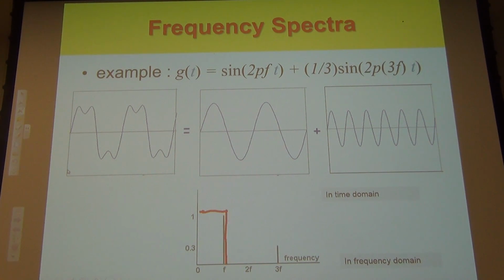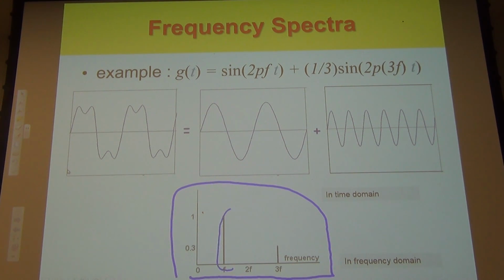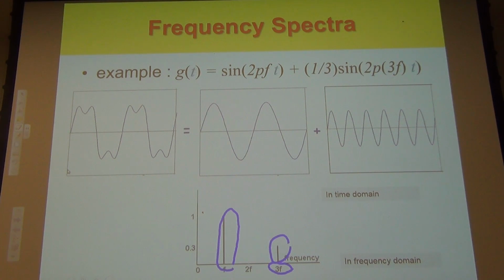For the second signal, the amplitude is 1/3, and the frequency is 3f. So you convert the signals from the time domain to the frequency domain. This means you have two signals: one at f with amplitude 1, and another at 3f with amplitude 1/3. So, from the time domain to the frequency domain.